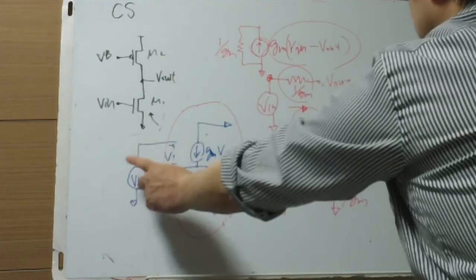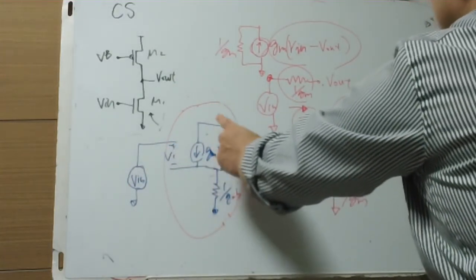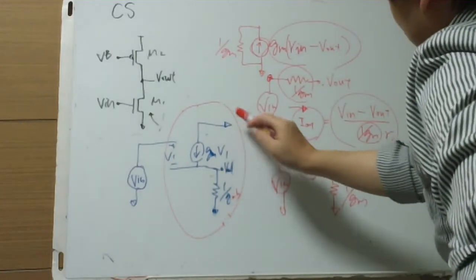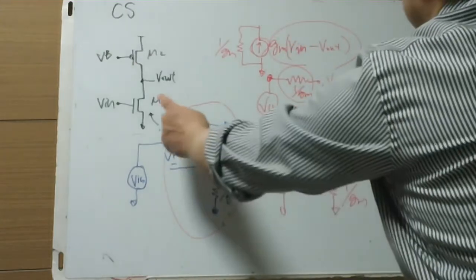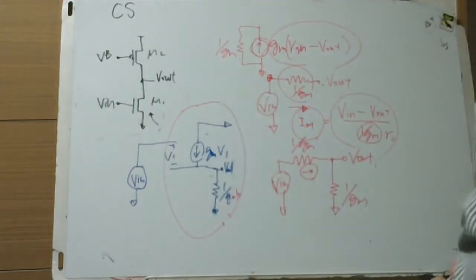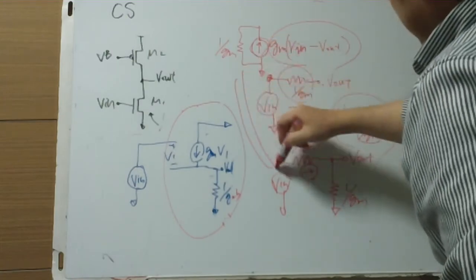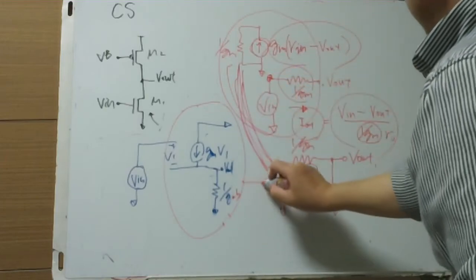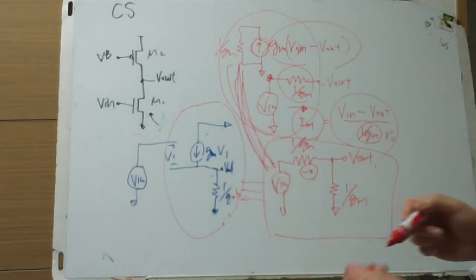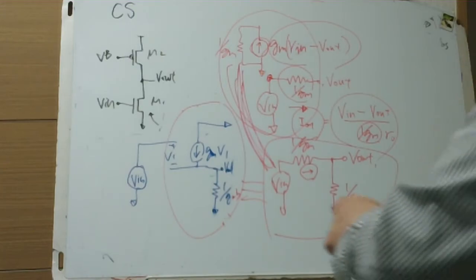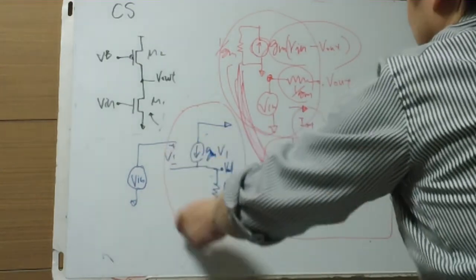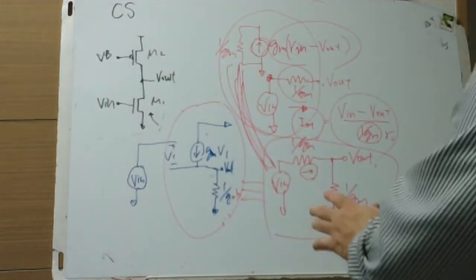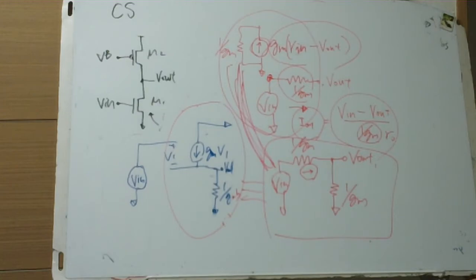V1 equals V in minus V out. So GM V in minus V out is this, and in parallel looking into the source, 1 over GM. So actually these two are equivalent, and this is equivalent. We don't need this equivalent. From just using this equation, we can get the same result for AV, V out over V in.